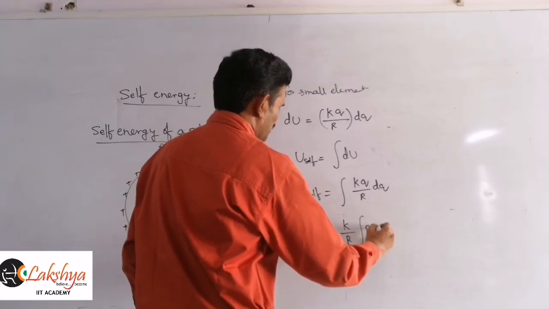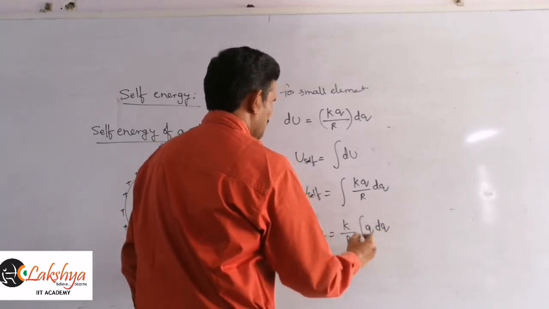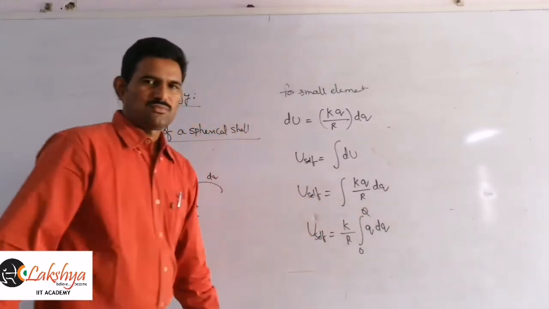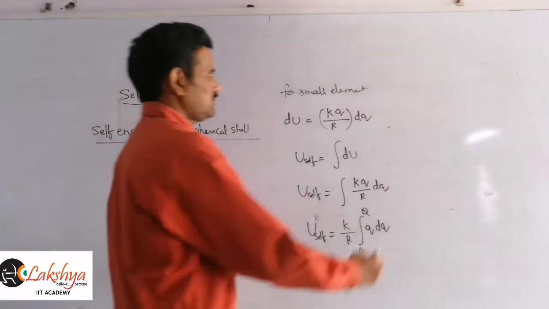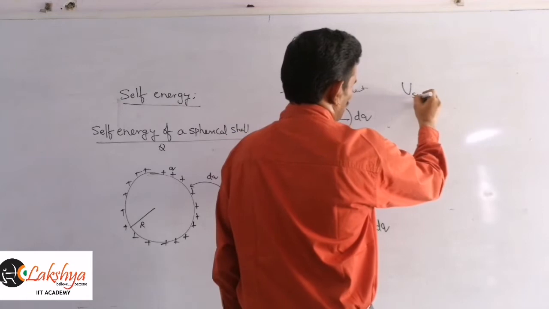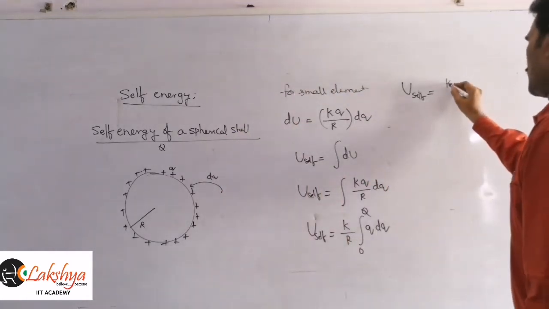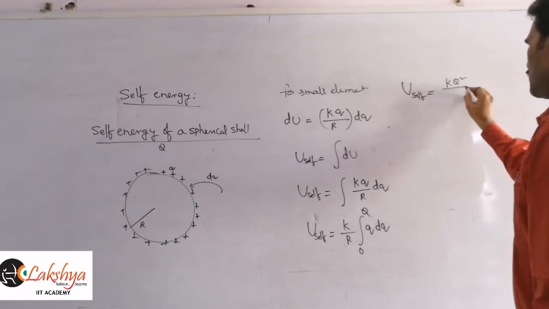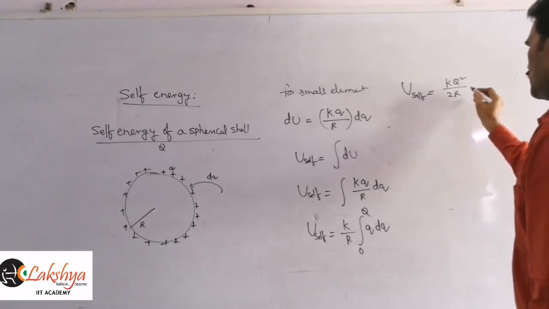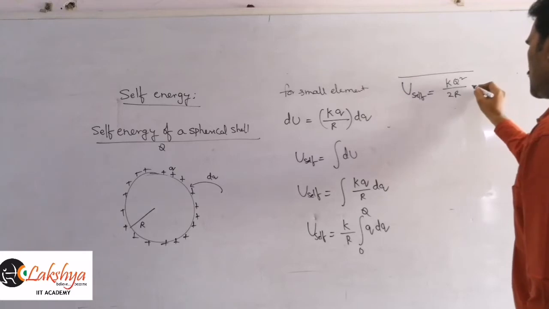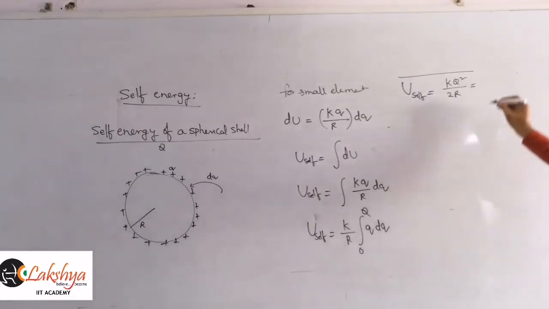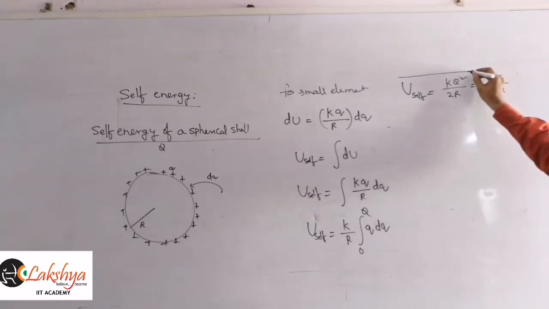Here q is a variable, because the q value varies from 0 to capital Q. So just integrate that. Therefore the self energy of the spherical shell we will get as k into capital Q square by 2r. This is the self energy of the spherical shell, which, if we substitute the k value, we get as Q square by 8 pi epsilon naught r.